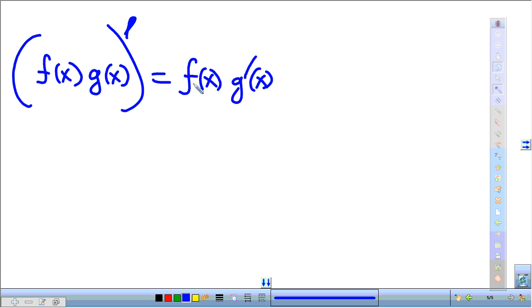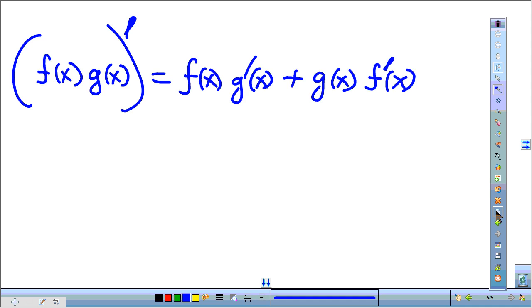So leaving one undisturbed, differentiate the other. And there are two ways to do that. So we can take the first function times the derivative of the second, and then we can take this second one in the list times the derivative of the first one. So we get two terms of products with derivatives, but only one derivative at a time. So different than if we just had one term with two derivatives. So this is our product rule.